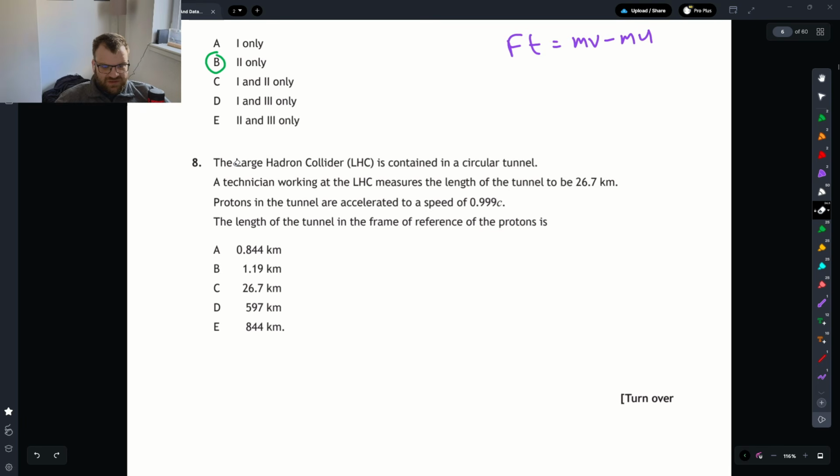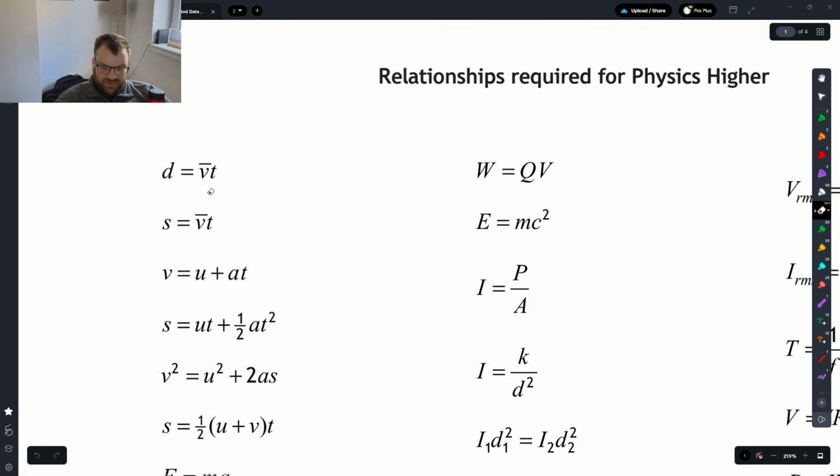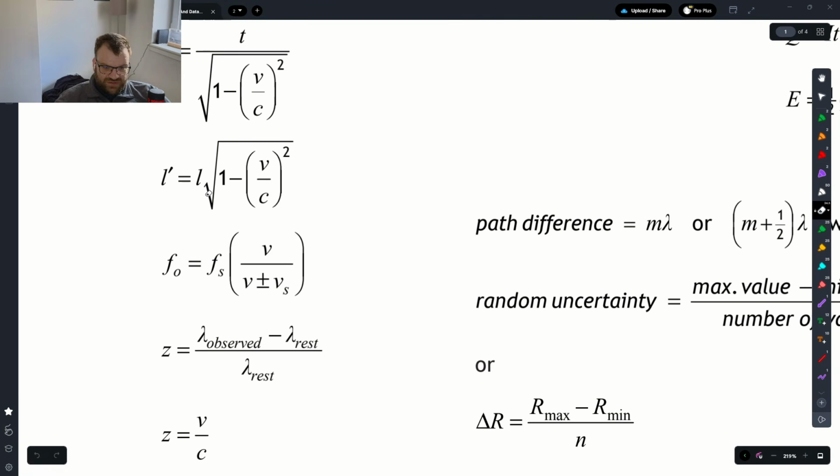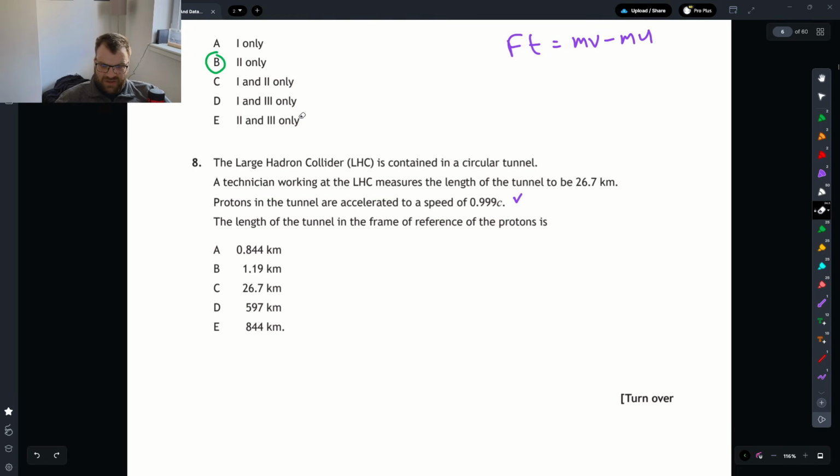In the next one, we're talking about length contraction, using the relationship sheet. Our contracted length is the proper length multiplied by the square root of 1 minus the speed that the thing is moving at over the speed of light, squared. As we start to put them in, well, we know the speed v is 0.999 c.